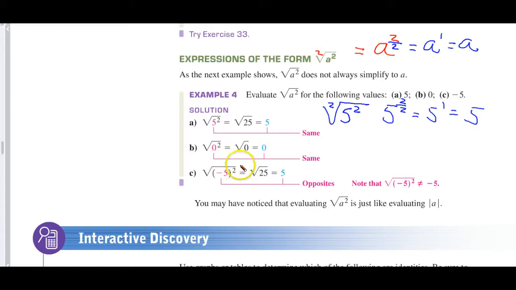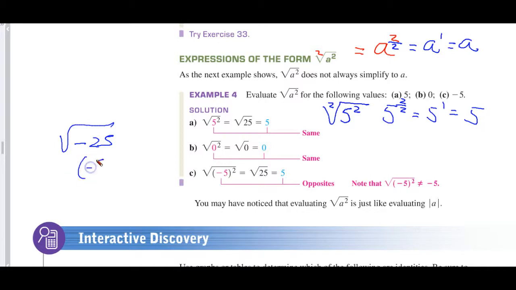Now, here we have a negative 5, but when we square a negative 5, it becomes a positive 25. So because of the parenthesis here and the squared, this is not equivalent to a negative 25 under the radical sign.